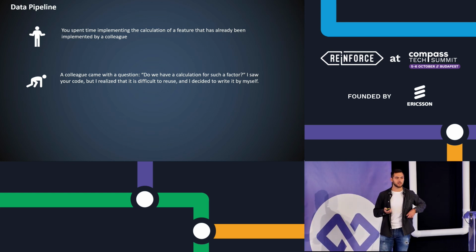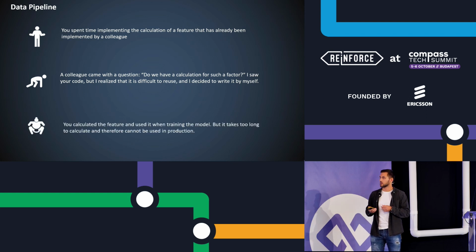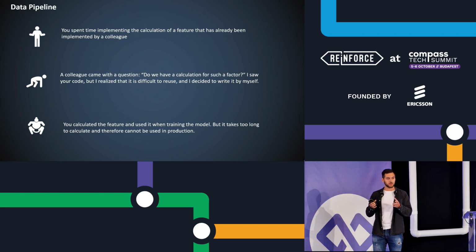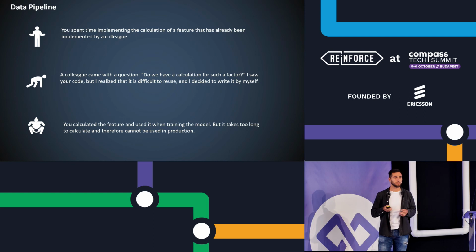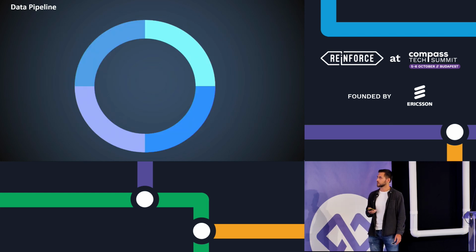Yes, take this code. And then the colleague says, okay, I've seen the code, it doesn't suit my pipeline, so I decided to rewrite it. And the third: you did some calculation of a factor which is cool for the model, maybe it would be the top 1 feature based on feature importance, but it's too heavy to calculate in production. So you need to get rid of it.